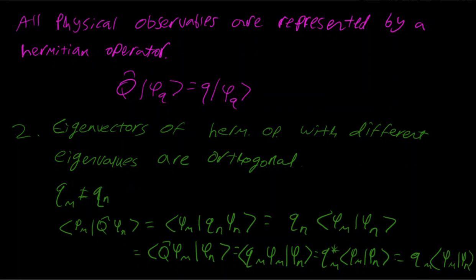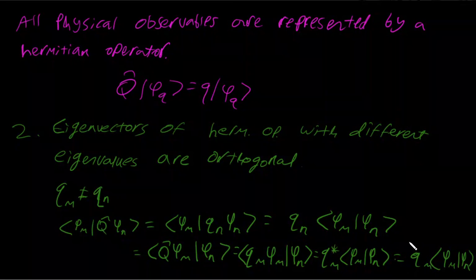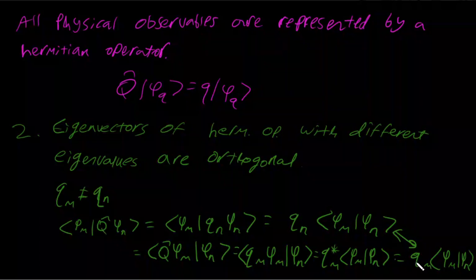And assuming qn and qm are different, the only way that these two can be equal is if phi m phi n equals 0. These two have to be equal. The only way that's possible, unless qn and qm are equal, that would mean phi m and phi n have to both be 0.